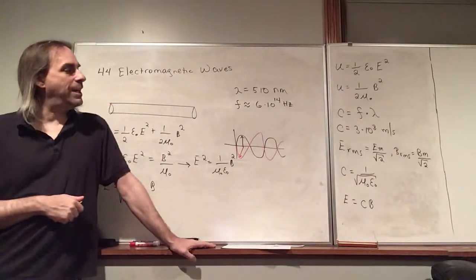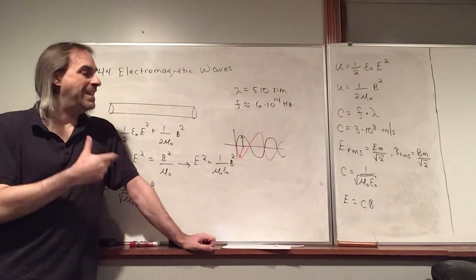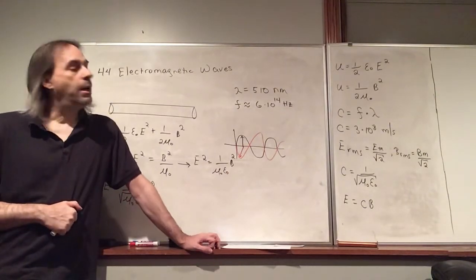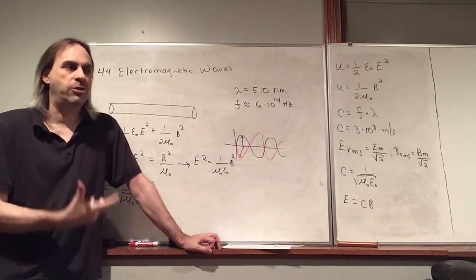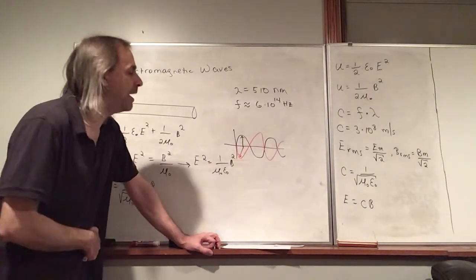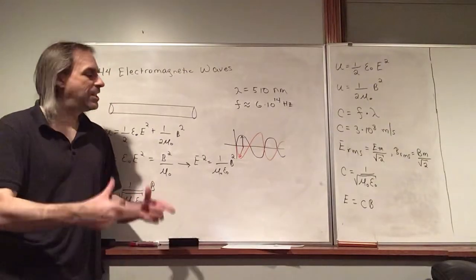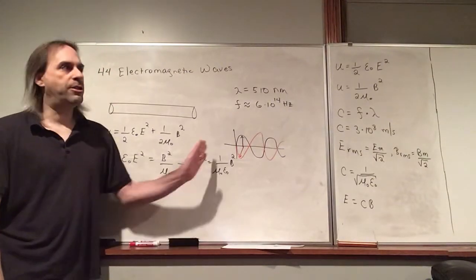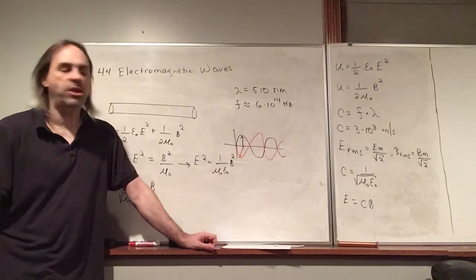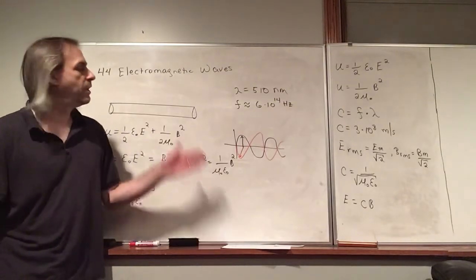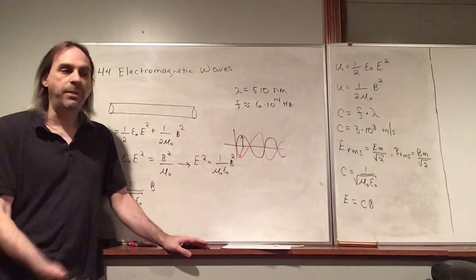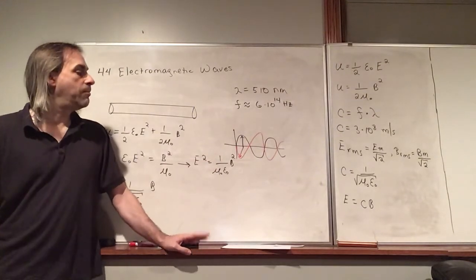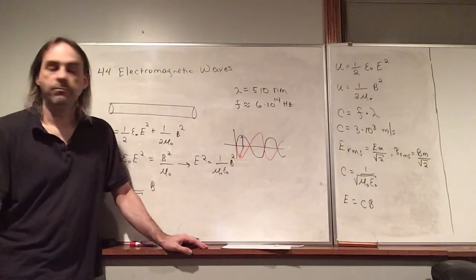But next, we're going to talk about the intensity of light. Again, light waves are fairly complicated because they involve two vectors, electric fields and magnetic fields. But because of the way they're related, we can describe the intensity of a wave just by looking at the electric field. If you know what direction your wave is moving, if you see the electric field, you immediately know the magnetic field as well, both its magnitude and direction.